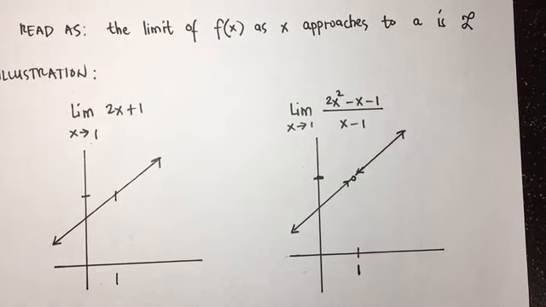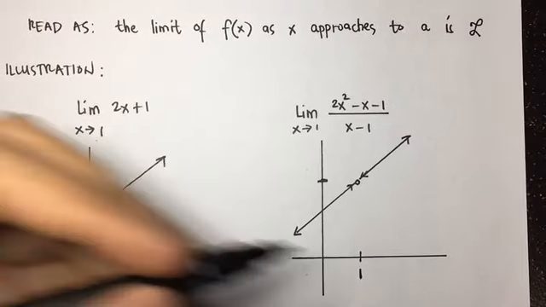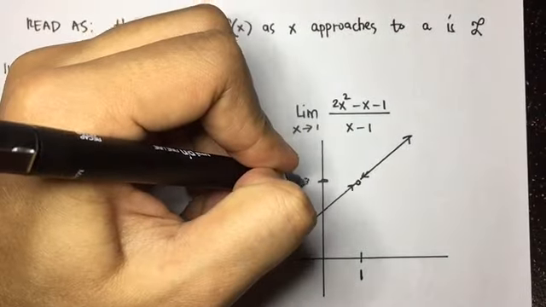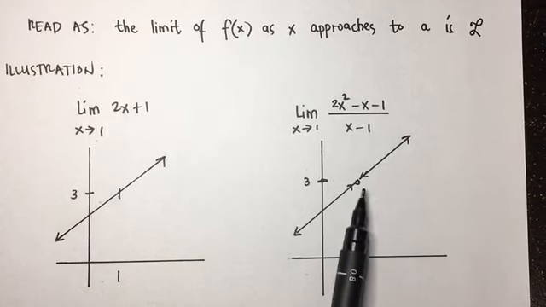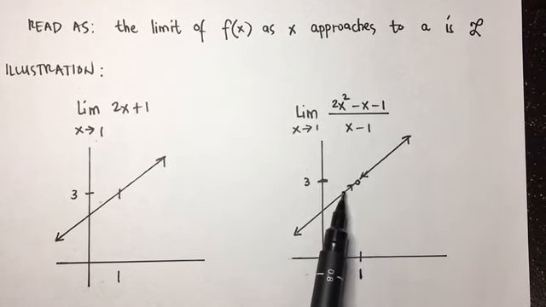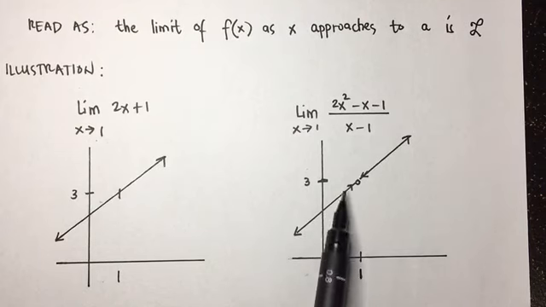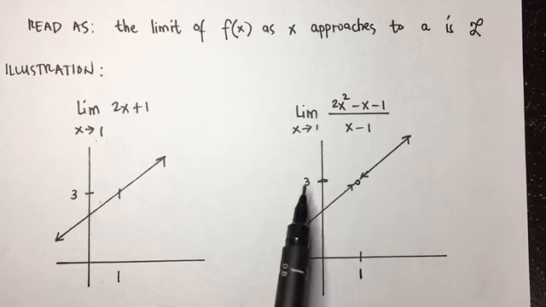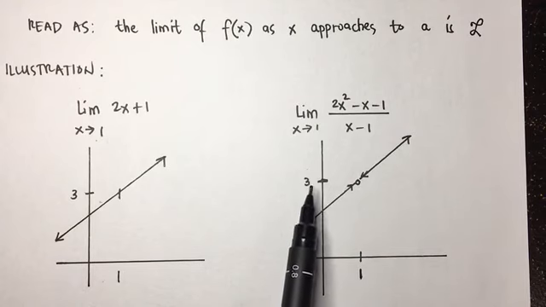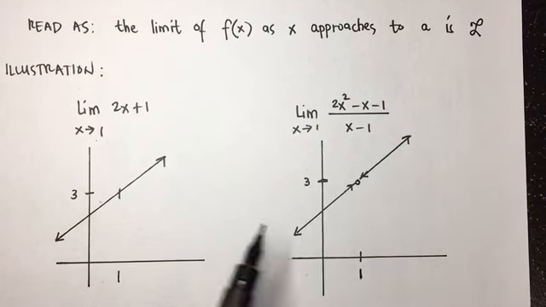The value of the function is 3. Although it is undefined at this point, the value of the function approaches 3 as x approaches 1, either from the left or from the right. That's the difference between functions and limits.